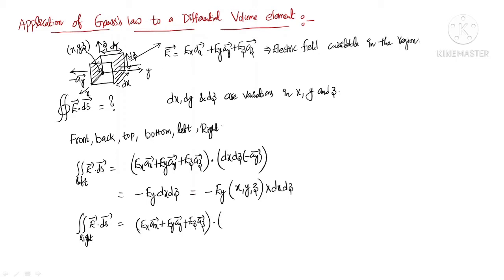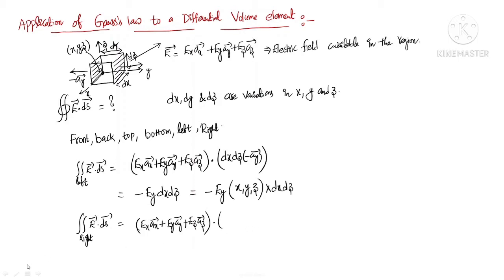The surface vector is along positive y direction for this surface, and for the left surface the surface vector direction is along negative y.